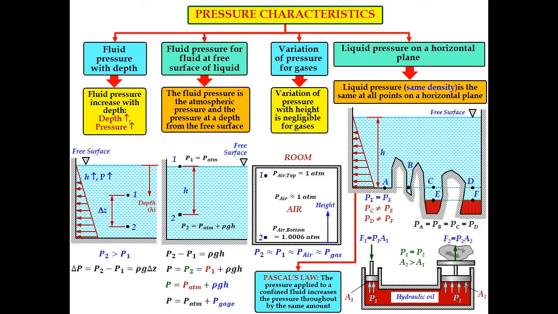So we get a higher value of force exerted on the heavy stone, which is F2 equal to P2 multiplied by A2, where F2 is higher than F1. So Pascal's law implements the concept of liquid pressure on a horizontal plane.